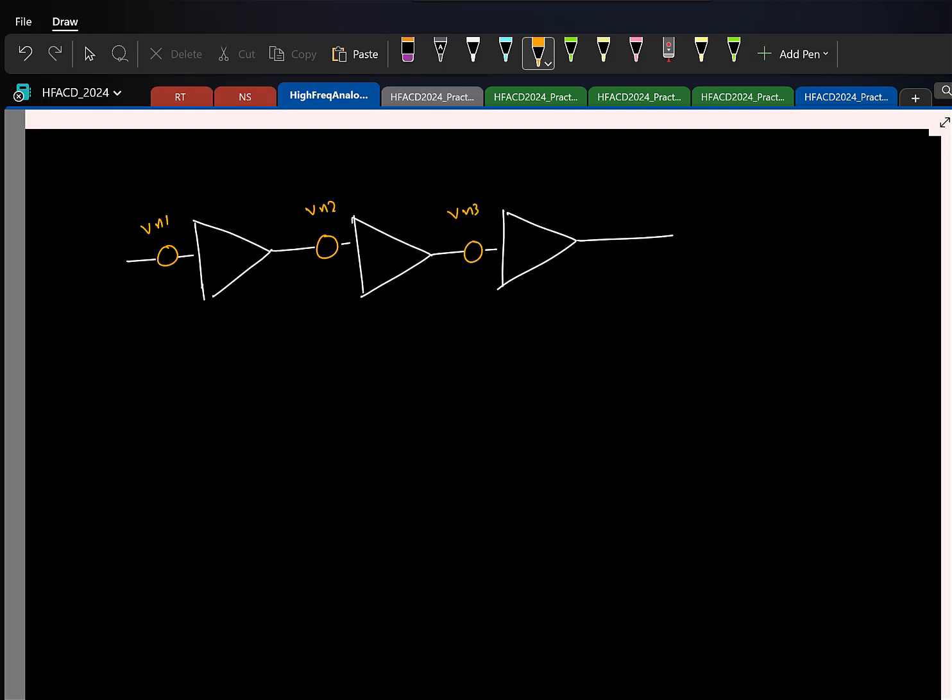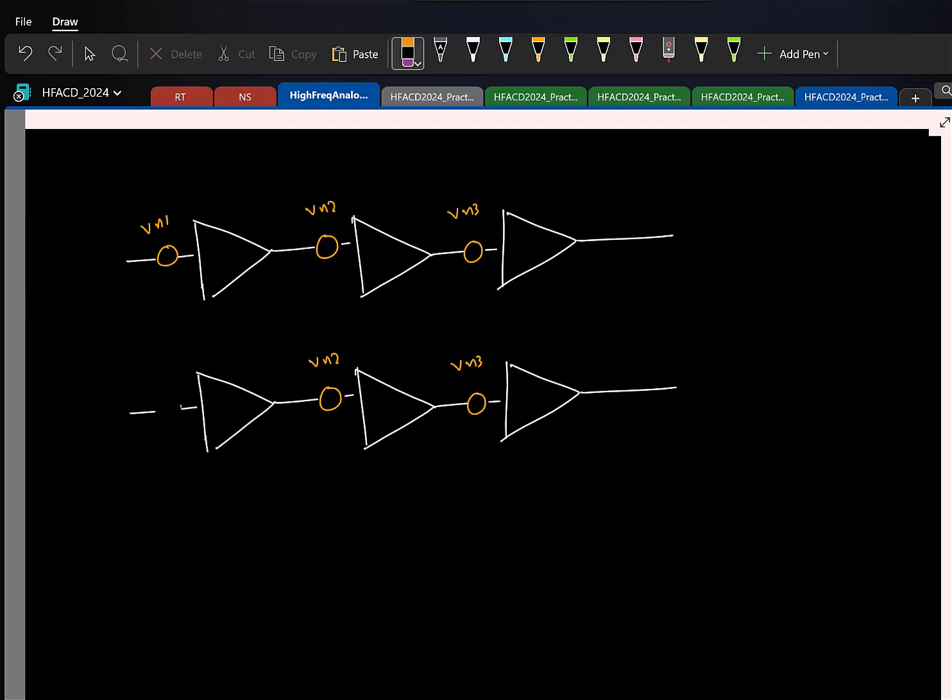So if I find the overall input referred noise for this cascade, wherein I'm modeling the noise generated with one single voltage source, can you tell me what that will be? Can you give me the exact expression first?